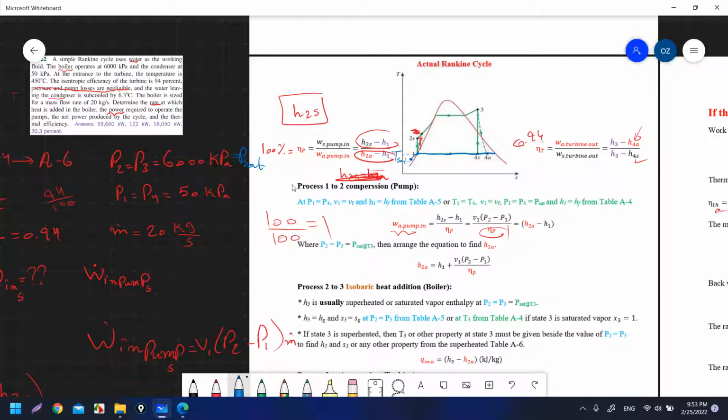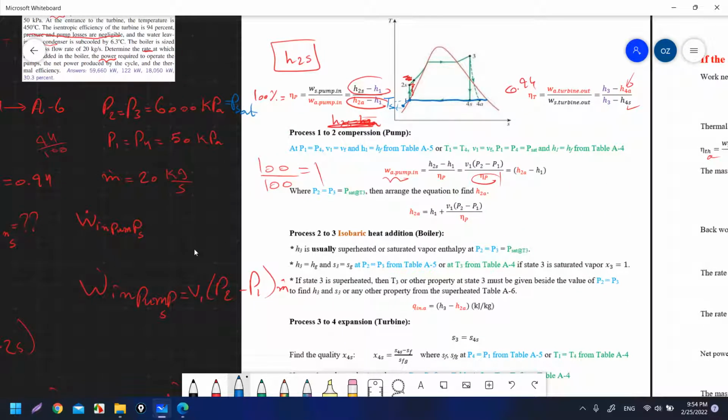That is why in these lines here I didn't find anything about the temperature. If state 3 is superheated like this, you cannot find it as the saturation temperature. If state 3 is here, subcooled, it is not on the same line for the pressure.